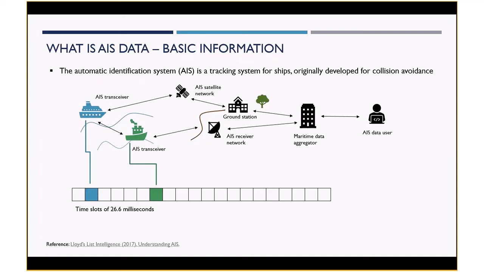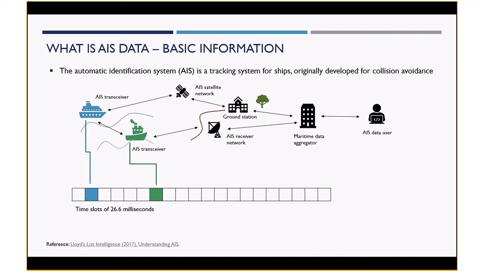And in order to ensure that each vessel can broadcast its data on the radio frequency not used at the same time by another vessel, AIS uses time slices that you can see in the bottom. So each AIS transmission fits into a designated time slot, for which each second can be divided into up to 2,250 such slots. This is just to ensure that they don't miss any signal from the ships, or hopefully don't miss any signal of the ships.